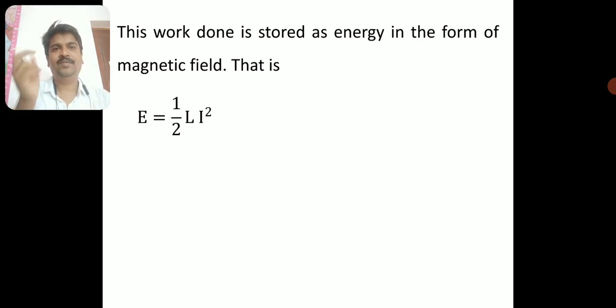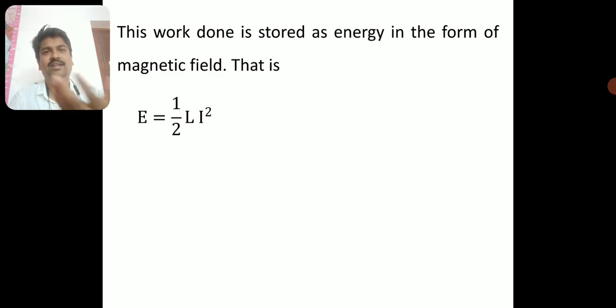Work or energy, everything is the same here, so I can write the same equation for energy: E is equal to half L I square. This is the work done in establishing the current, and this is the energy which is stored in the form of a magnetic field.